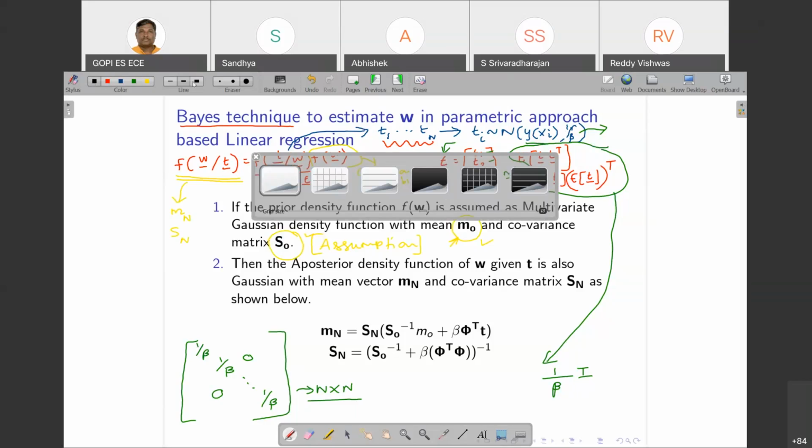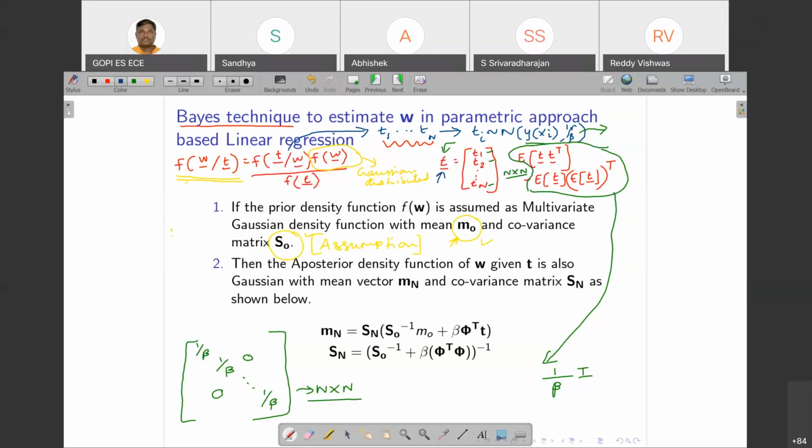You have to understand the notation: the mean vector for this one is represented as Mn, and the covariance matrix is represented as S subscript n, and f of w is assumed with mean vector m naught and covariance matrix S naught. Then m naught, s naught, Mn, and Sn are related like this.